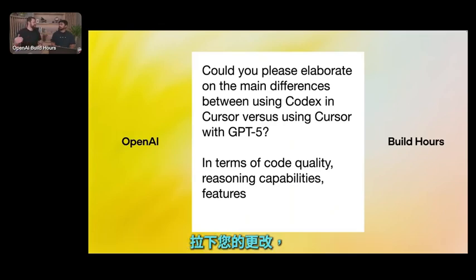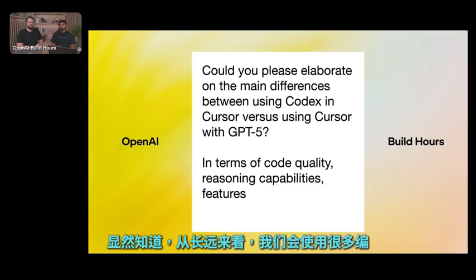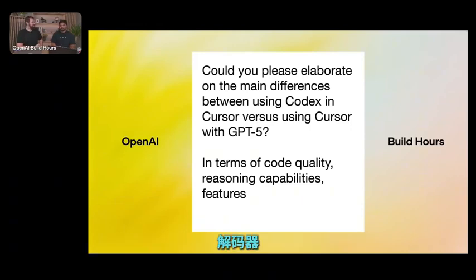So being able to pull down your changes, being able to kick off tasks, and constantly switch between that local and cloud environment is probably the biggest aspect of it. Yeah, for sure. So definitely use both, pick the one that works best for you. There's obviously a lot of power in both approaches. But obviously we're using a lot of Codex here.